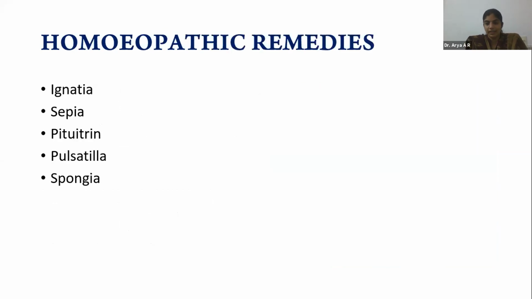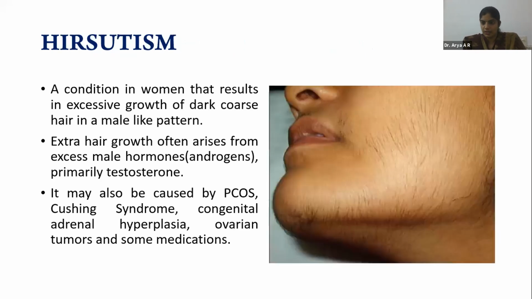So what are the remedies or medicines for this condition, hirsutism? In PCOS, we have wonderful homeopathic remedies like pulsatilla, sepia, and ignatia. While treating PCOS, once PCOS is cured, this hair growth will become less, and no further growth of hair in these regions will occur.